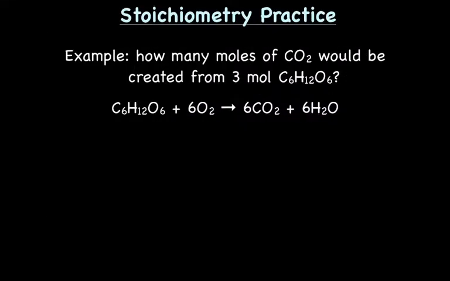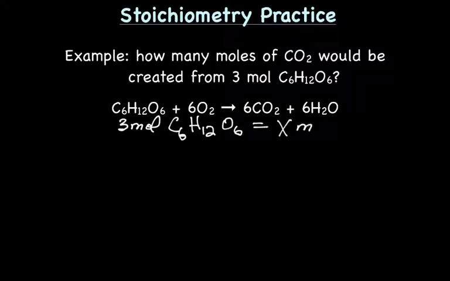Okay, let's try a practice problem. Our example is how many moles of CO2, or carbon dioxide, would be created from 3 mole of C6H12O6, or glucose. So first thing we'll do is write this as a math problem. We know we have 3 mole of glucose, and what we're looking for is how many moles of CO2.